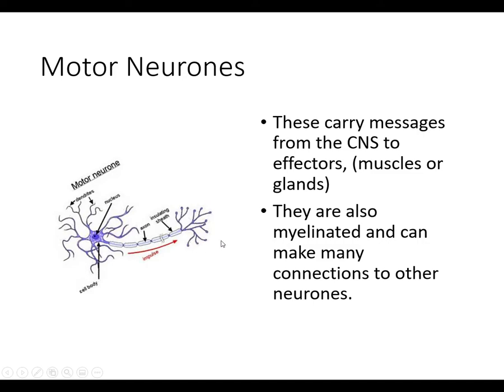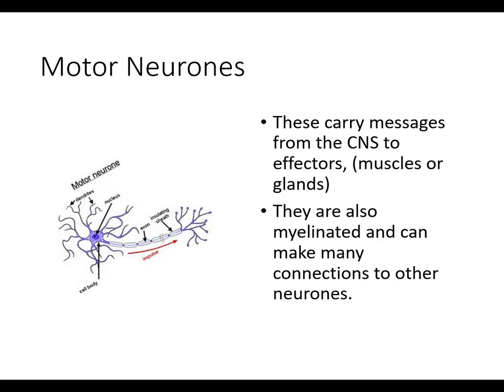Now, we did look at effectors last lesson. Effectors are muscles or glands that carry out the response. They are myelinated. Again, because they're outside the central nervous system, they're very long, they're very thin, and they take messages down to effectors.